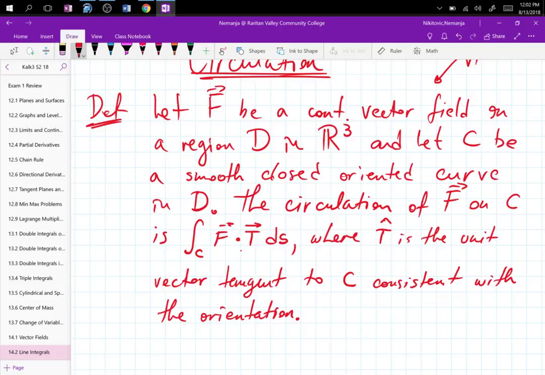So circulation. What do you have as a concept in your head for circulation? You know that you have blood circulation, right? What does it mean? I don't care about math, just tell me the words. Path that something takes.